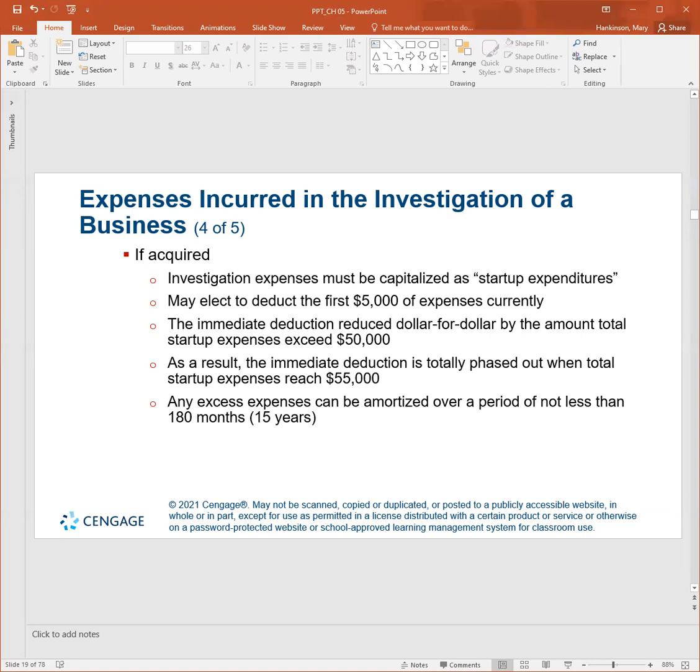As a result, the immediate deduction is totally phased out when total startup expenses reach $55,000. Any excess expenses can be amortized over a period of not less than 180 months, which is about 15 years.